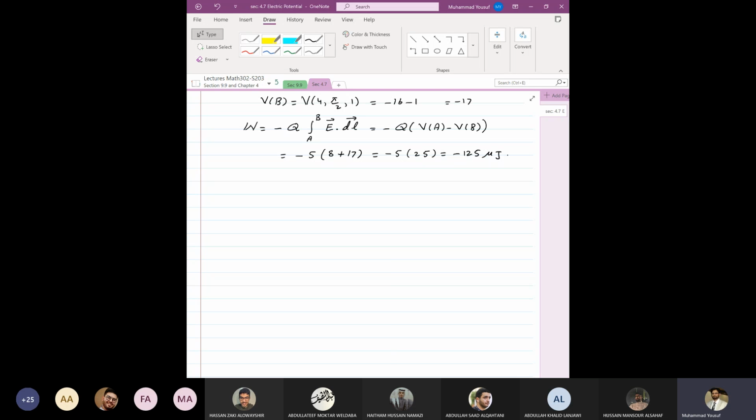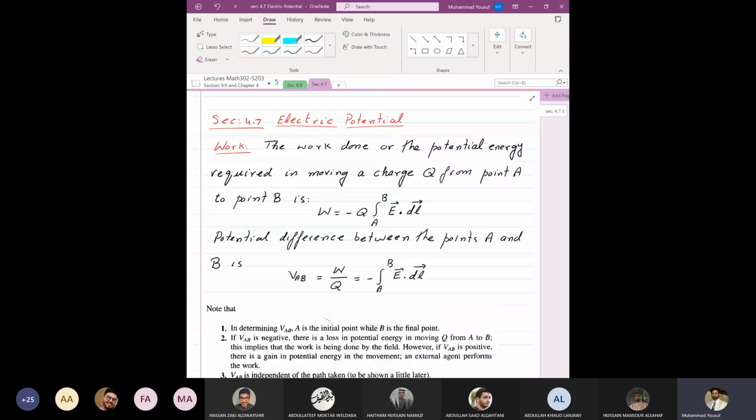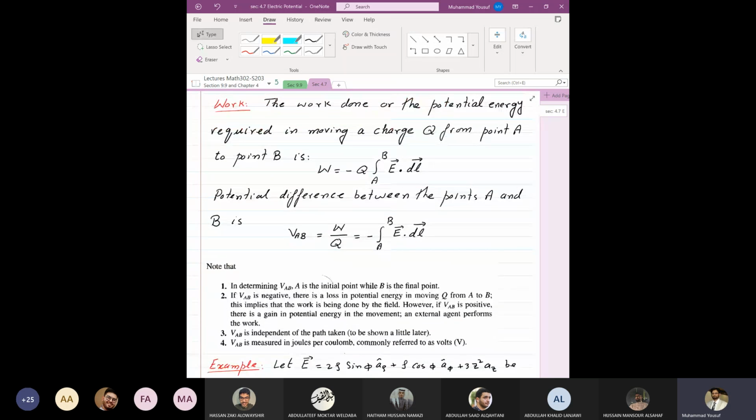The potential difference is the work per unit charge, that is VB minus VA. And you can say potential at any point.